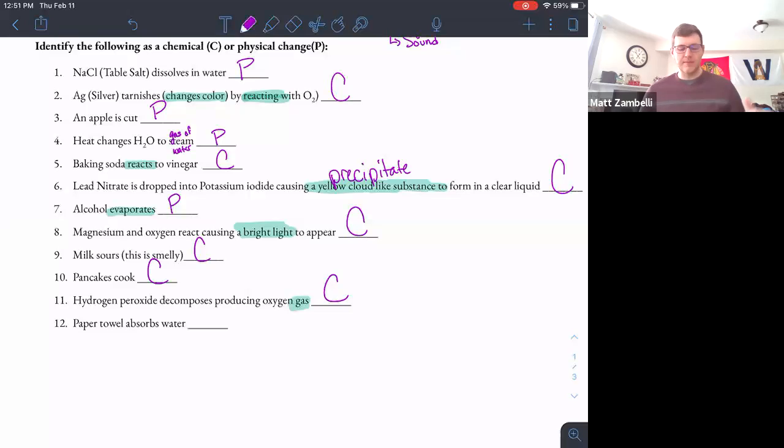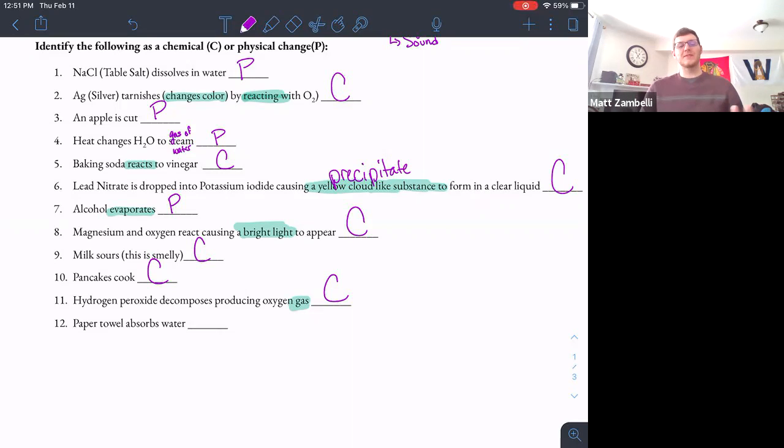What about a paper towel absorbing water? Do we think that's a physical or chemical change? All right, this one, the majority of people did get this one right too.